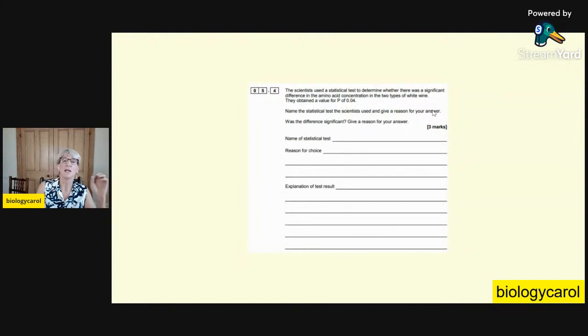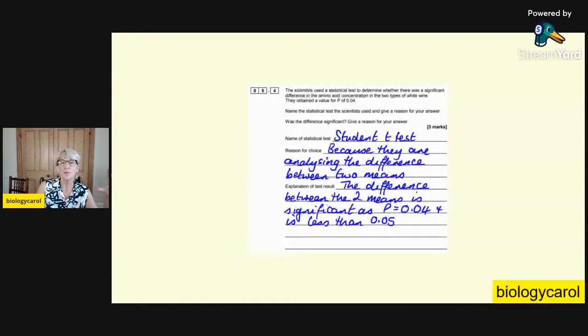Hopefully that makes sense. And as a direct result of that, the statistical test is the student t-test, because that is the only statistical test that you know about that analyzes the difference between two means. Each statistical test can only be used on particular types of data, and that's the t-test one.